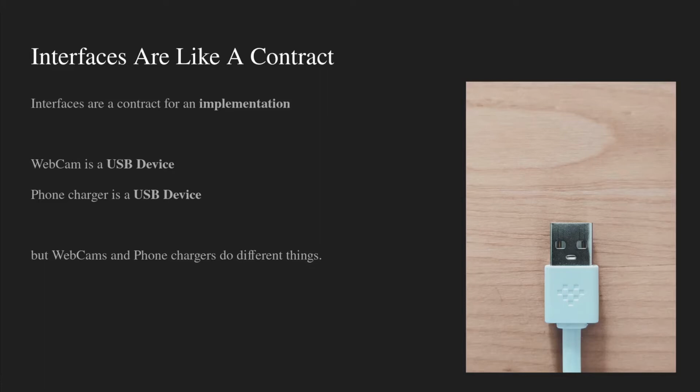As an example, we have a USB device here, a nice little USB plug. And a USB device is an interface that we can represent, where a webcam can be a USB device, and so can a phone charger. But obviously, when you plug in a phone charger, it's transferring power and maybe files, and a webcam is transferring information that is basically pictures or video.